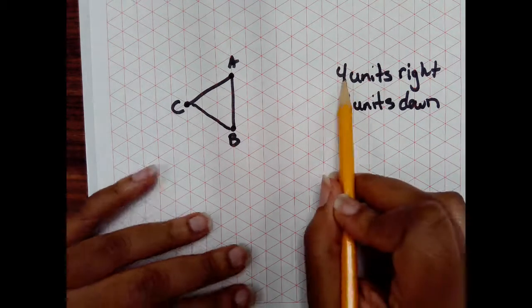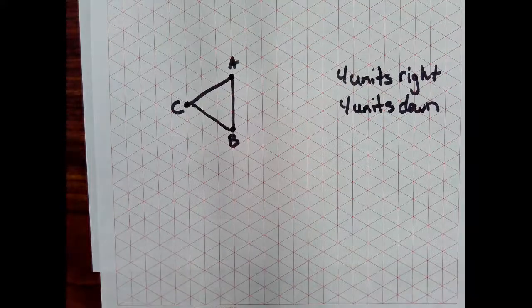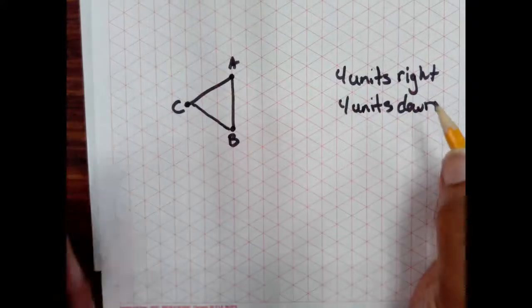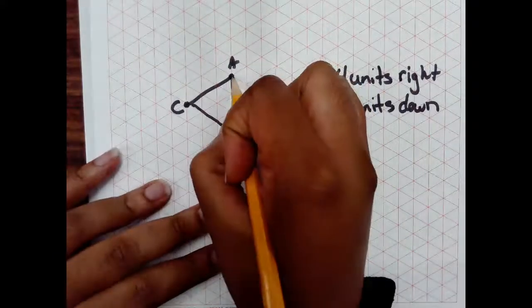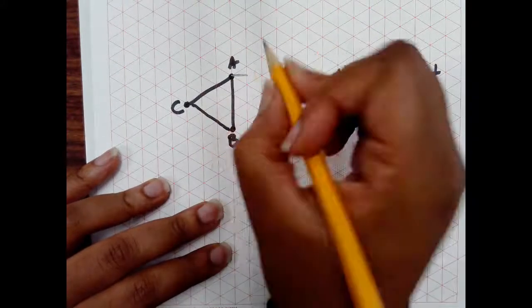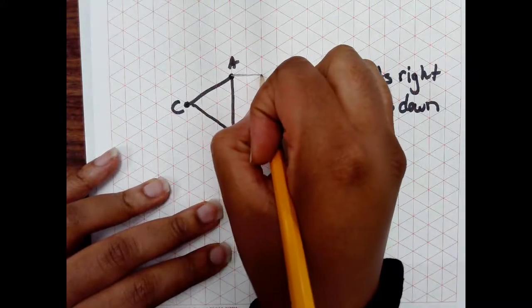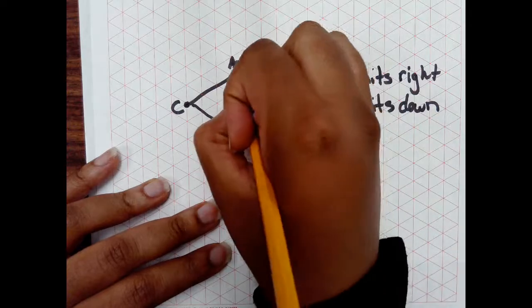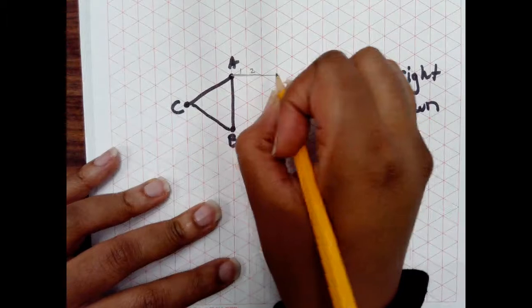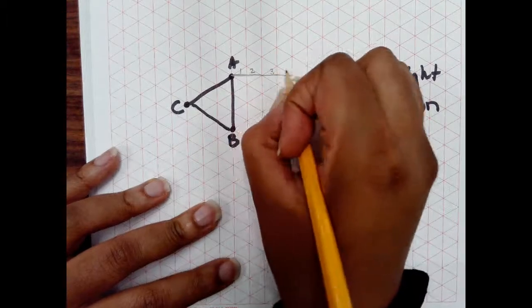This is telling me I need to move 4 units to the right and 4 units down. Unit-wise, moving from here to here is considered 1 unit, and then here to here is 2 units. So this is 1 unit, 2 units, and then this would be 3, and that's 4.